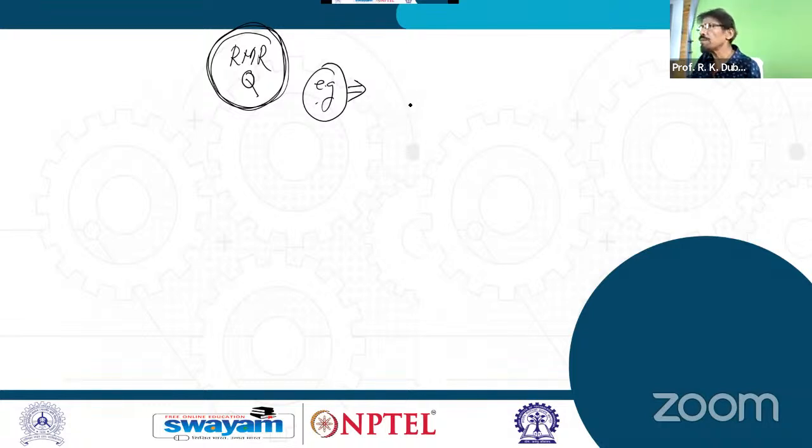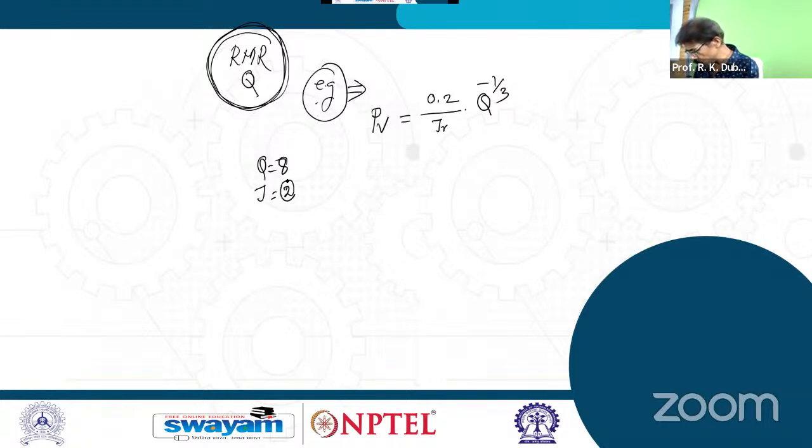So here, for example, Q. If we are going to calculate the support pressure, we simply use this relation: 0.2 divided by joint roughness, multiplied by Q to the power minus 1 by 3. Suppose the quality of the rock is such that the Q value is 8, and the joint roughness is assumed to be 2. Then you are able to calculate the vertical ultimate pressure.